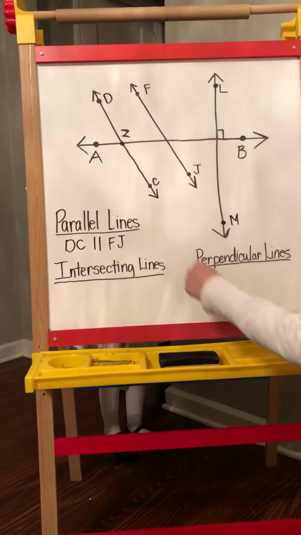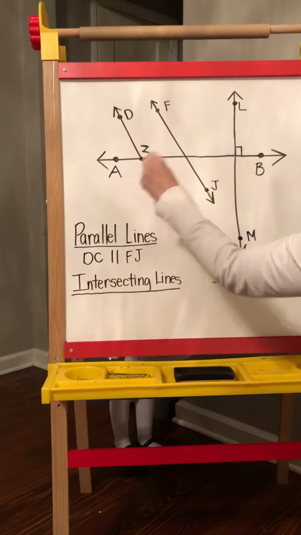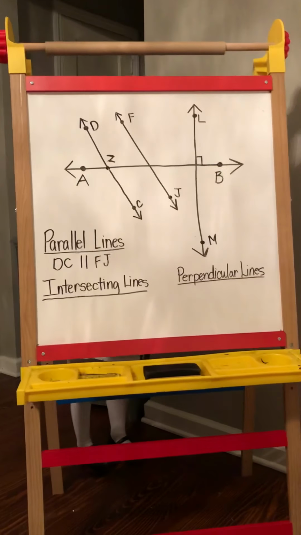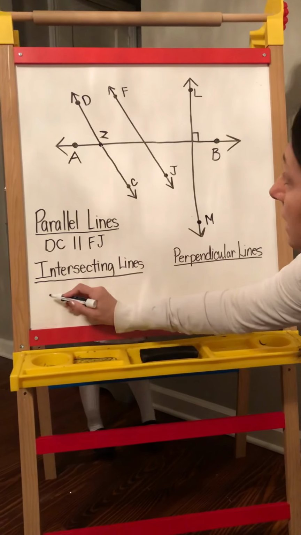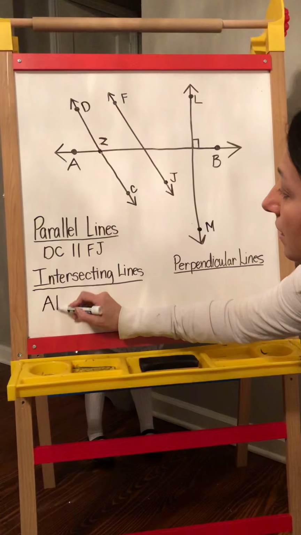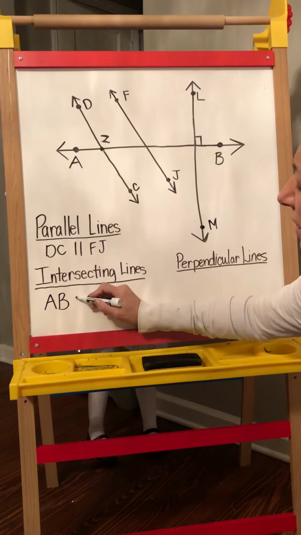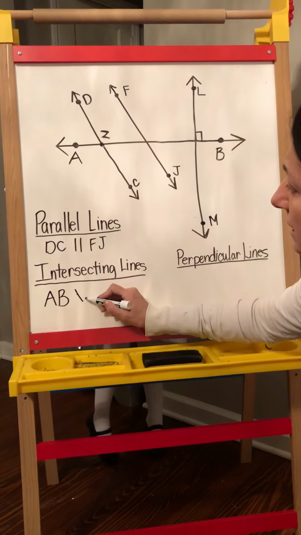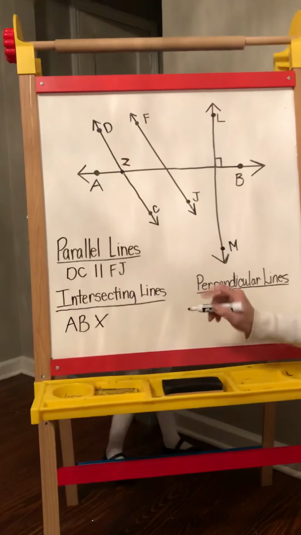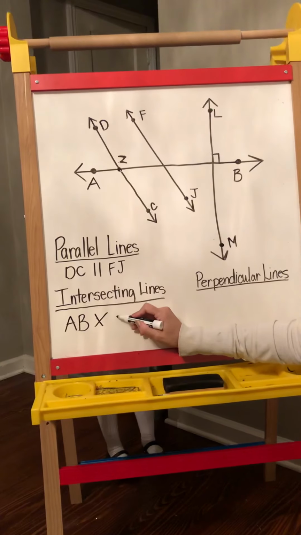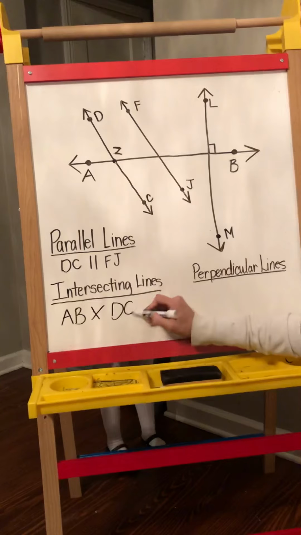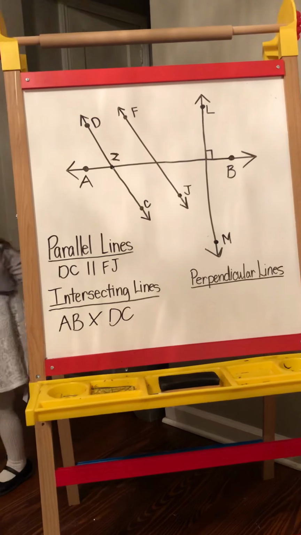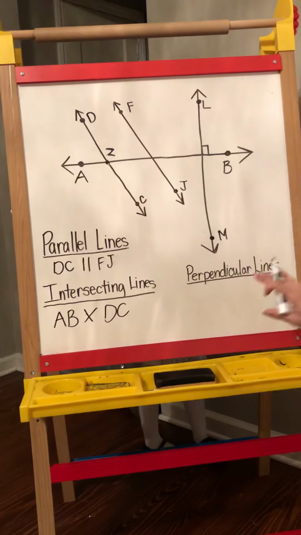They continue on in different directions, so this is the only place that they're going to meet. So, line AB intersecting line DC.